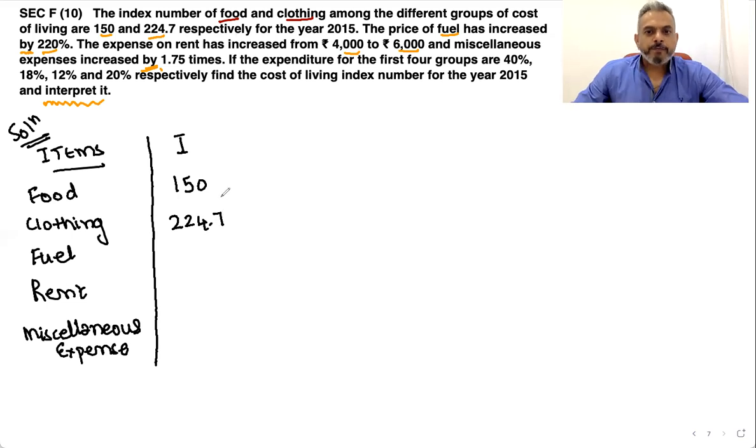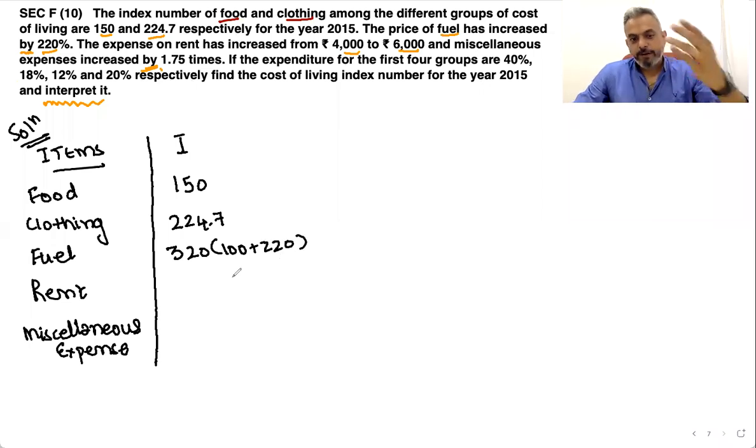The price of fuel has increased by 220. So 320. How did it come? 100 plus 220. Write it like this so that you know. Then expense on rent has increased from 4,000 to 6,000.